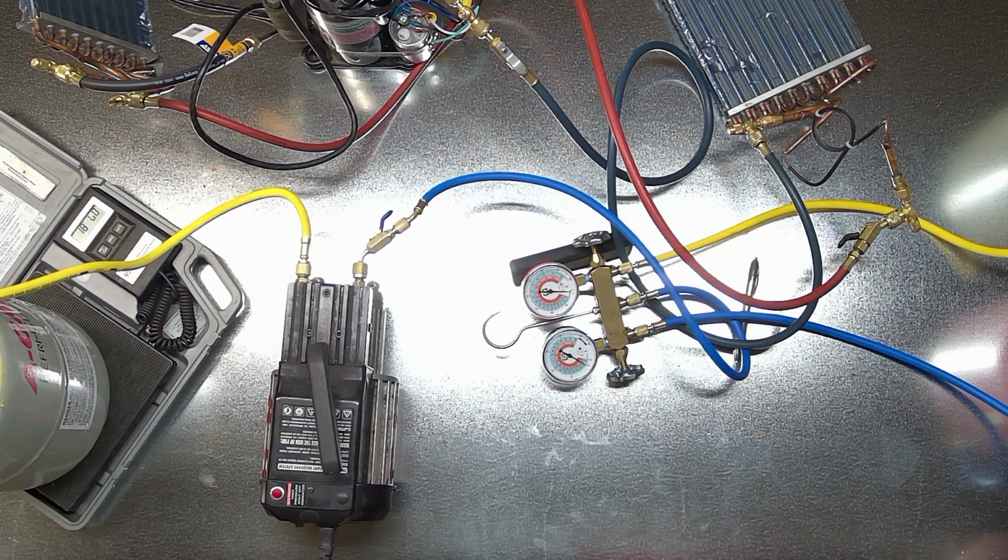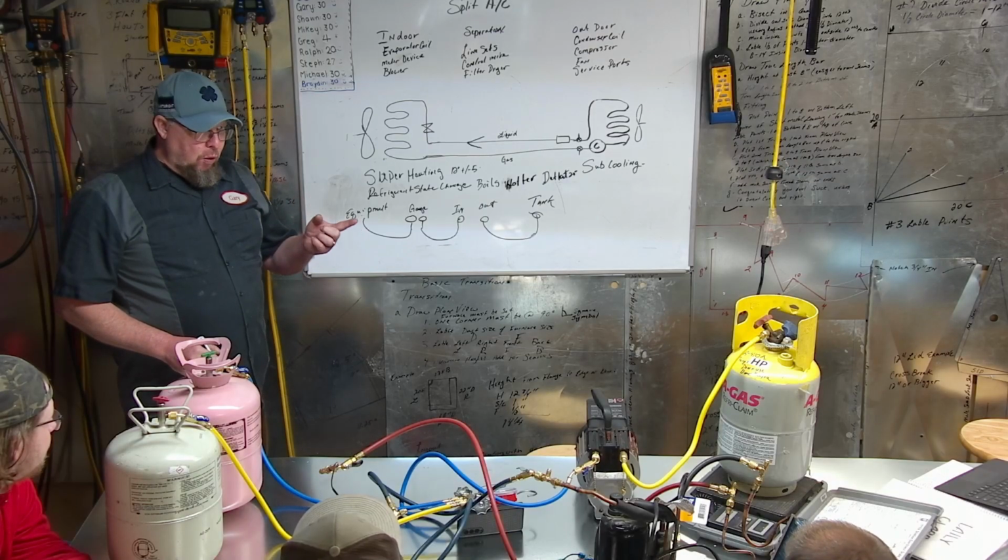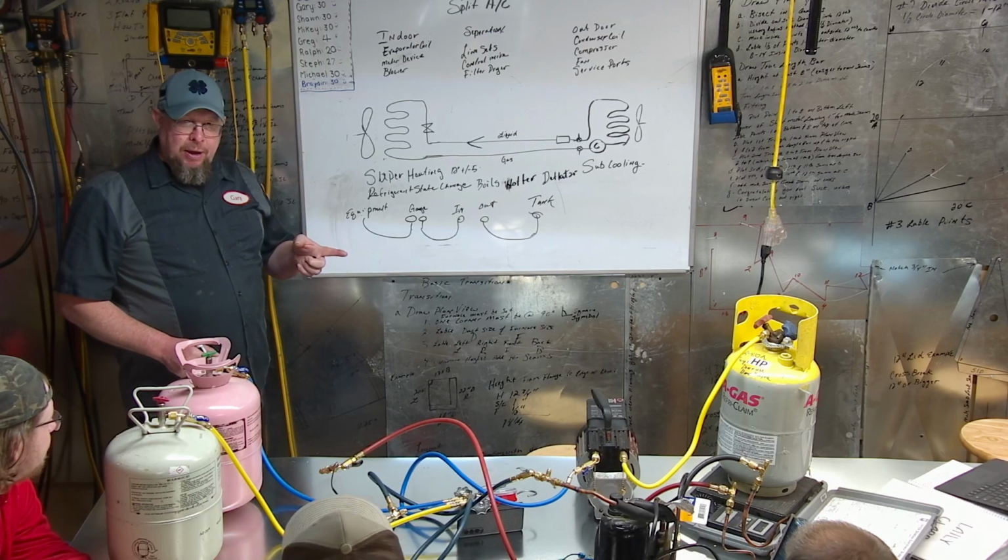All you're doing is you're going from your equipment to the gauge, to the recovery machine, to the tank. All the valves have to be open. The tank has to be ready for refrigerant. So either have 0 psi and filled with 410A or have a vacuum on it.